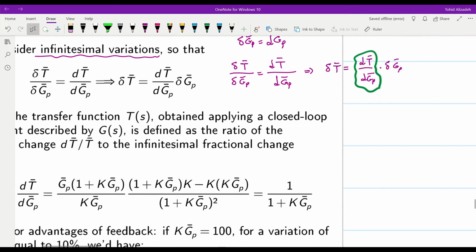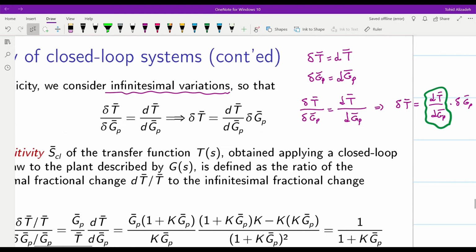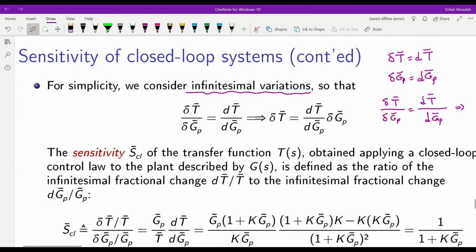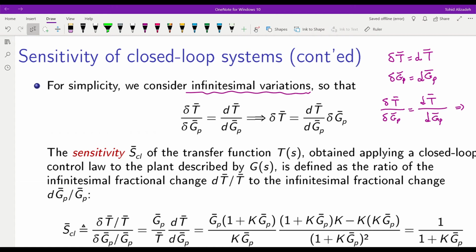Okay, so that's what we have for dt bar over the gp bar, and we will use it later. And then we just define the closed loop sensitivity for this system.